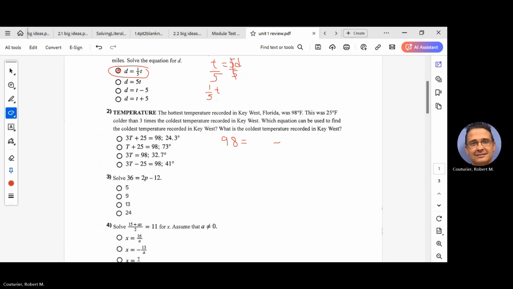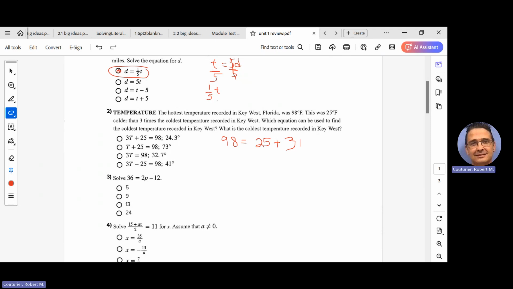So basically, whatever the coldest temperature was, it's 3 times colder than the coldest temperature on record, minus 25. 3 times, and what are they using for a variable?